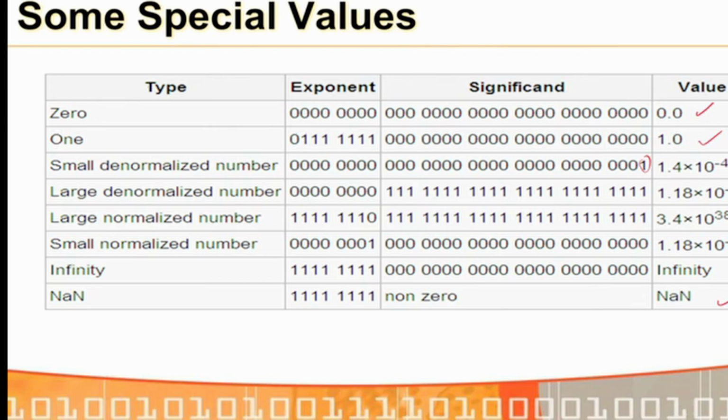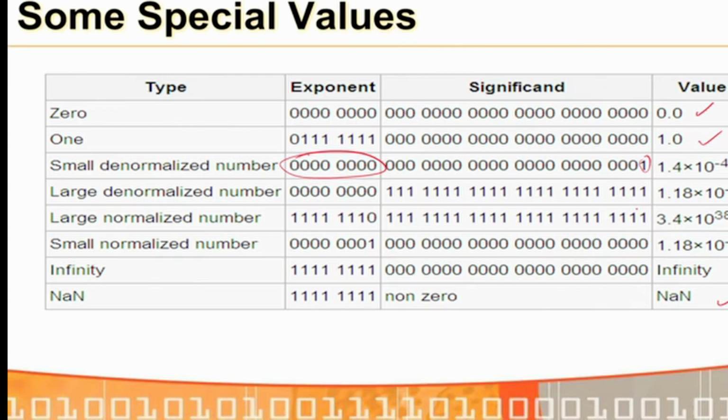So these are some special values that we need to keep in mind, because there are some numbers which we cannot normalize, because your exponent becomes much smaller than that. So for those numbers we put the exponent as 0 and put that number here. This is the smallest denormalized number and this is the largest denormalized number.